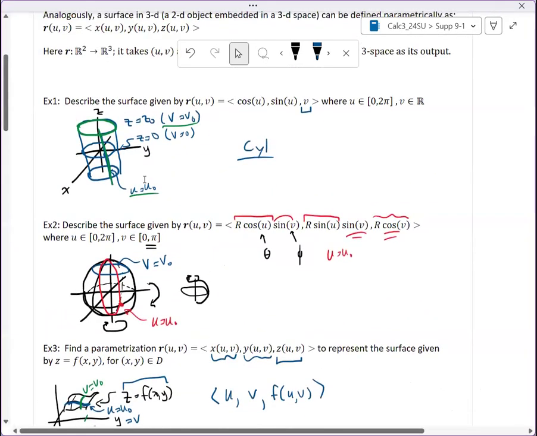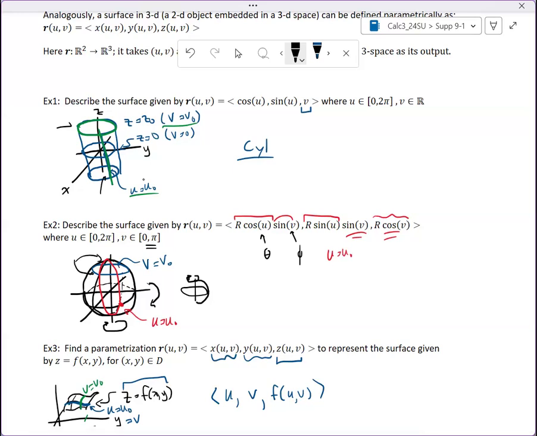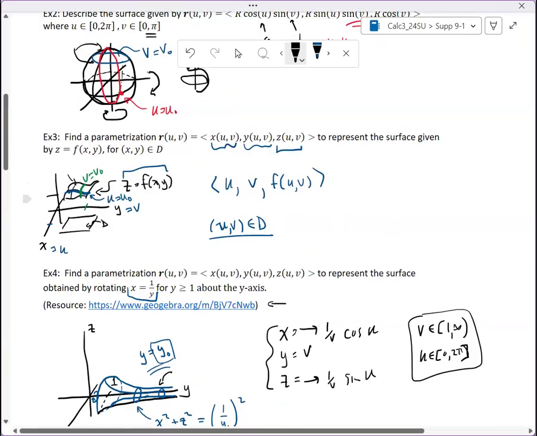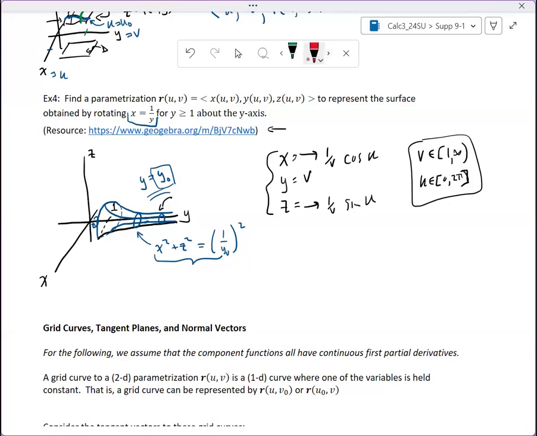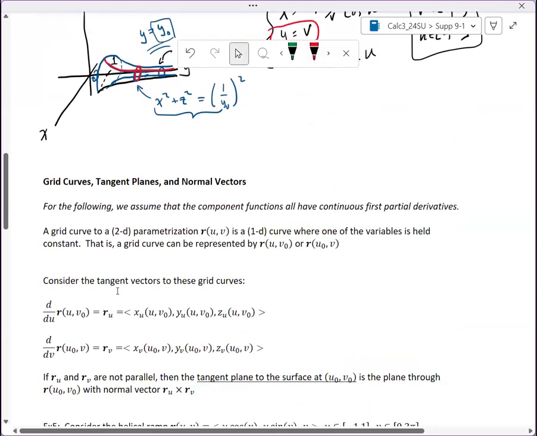So these things that we drew up here, like these green circle and line, these lines of latitude and longitude, these curves parallel to the X or Y axes in a sense, or this circle here where we are holding V constant and letting U vary, or maybe one of these lines where we hold U constant, the rotational direction constant, and allow V to vary. Those are called grid lines or grid curves.